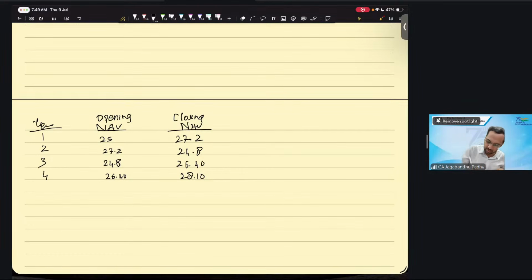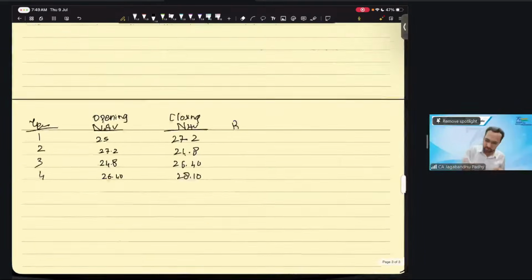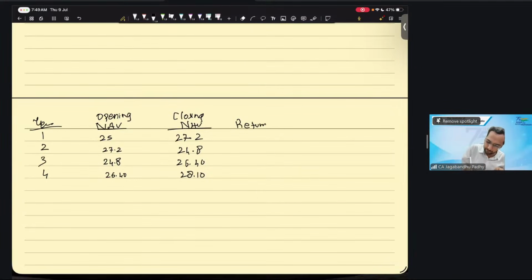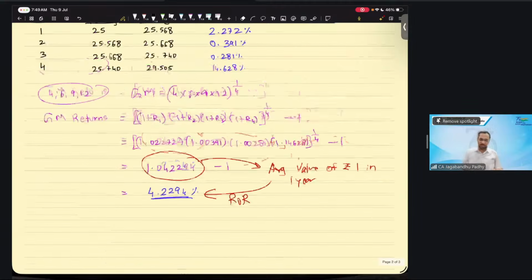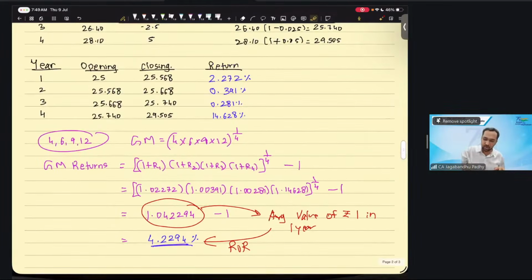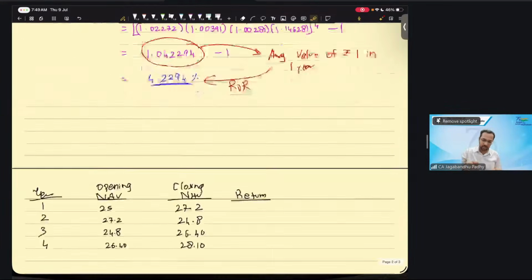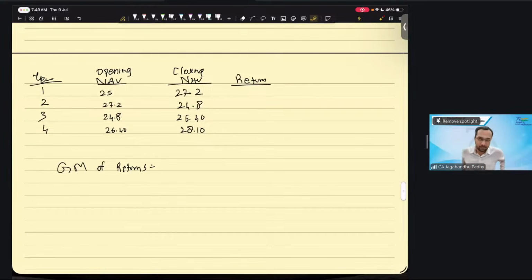We have to first get the returns like we did in the previous case. And then we have to get the geometric mean of returns. Can we calculate it? Just as we did in the previous case, calculating individual returns first and then taking the geometric mean. Can we get the geometric mean, guys? Can we replicate it?